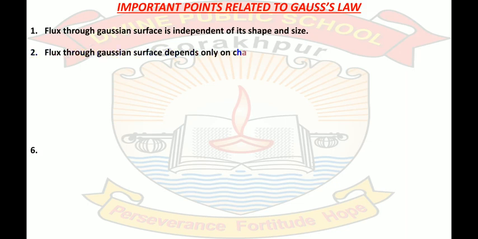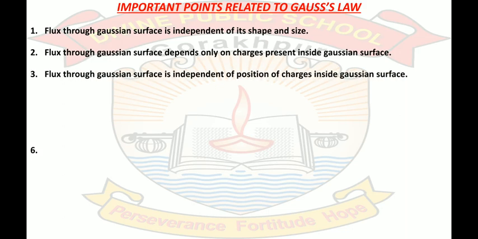Second thing is, flux through a Gaussian surface depends only on the charge present inside the Gaussian surface, not on the surface, and not on charges present outside the surface. Third point is, flux through a Gaussian surface is independent of the position of charge inside the Gaussian surface.